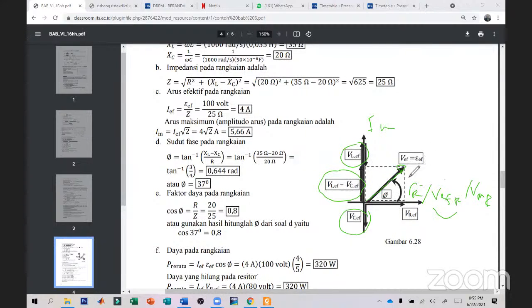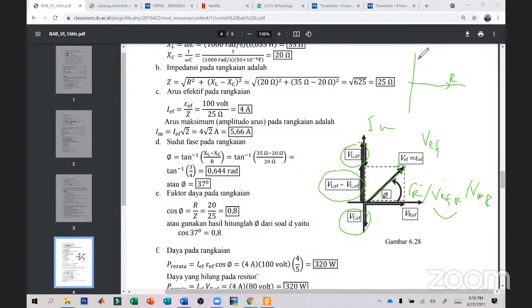This one is the resultant, so this one is the V effective. The resultant. Or we can express it in the reactance.